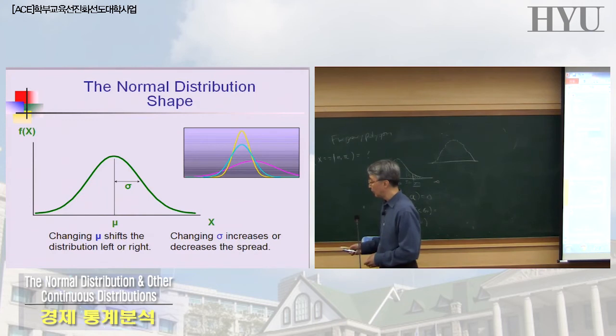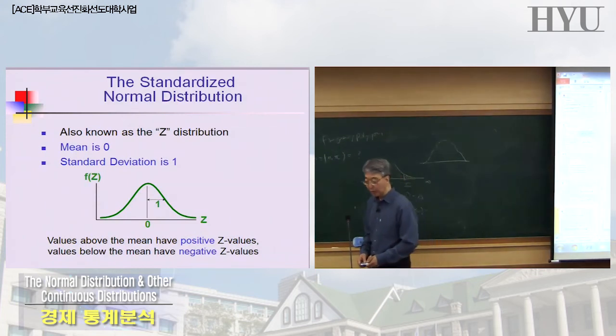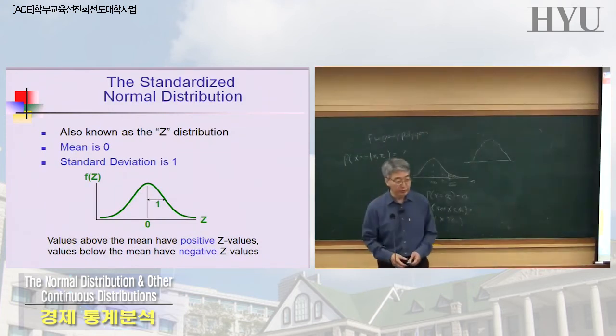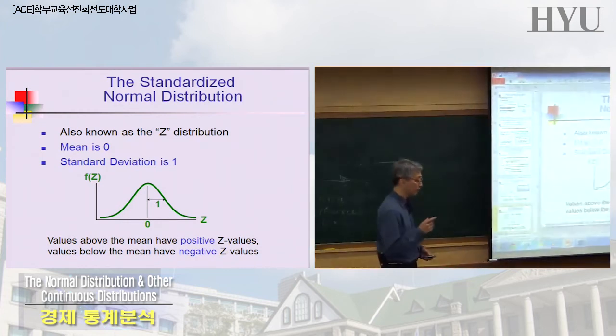Again, the mean value determines the location, where the distribution is located, and sigma determines the spread or width of the distribution. So out of this infinite number of normal distributions, we usually talk about one single specific distribution.